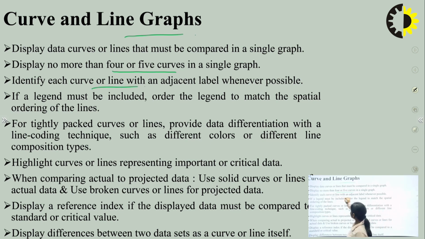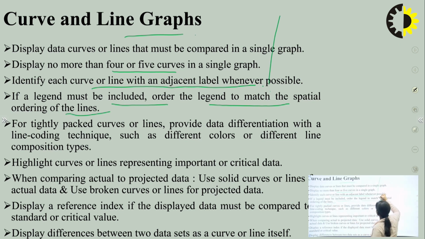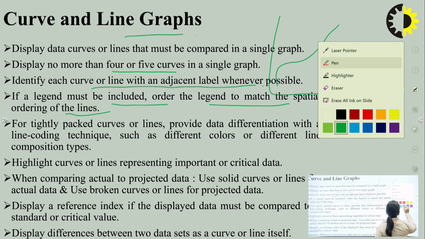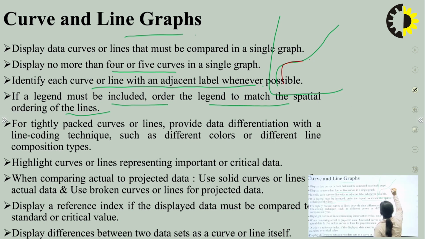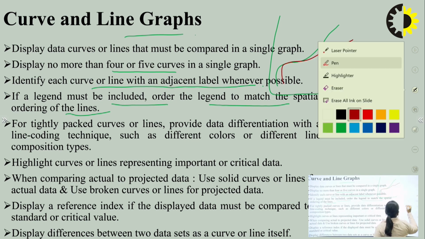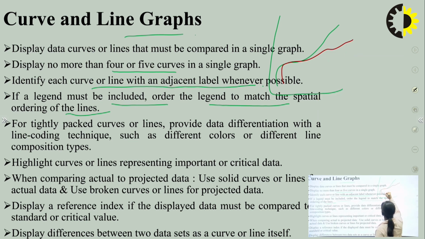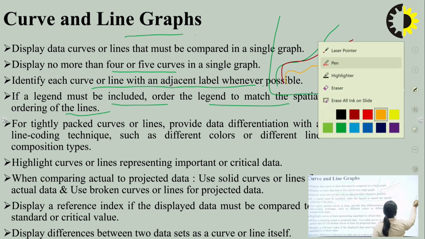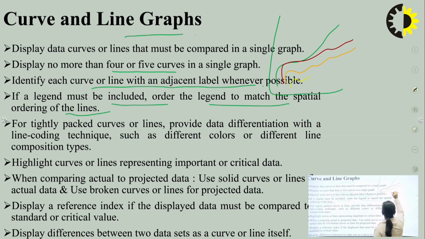Identify each curve or line with an adjacent label whenever possible. If a legend must be included, order the legend to match the spatial ordering of the lines. That means if this is our graph and these are the legends, if this is green, then the second one is red, and the third is another color.